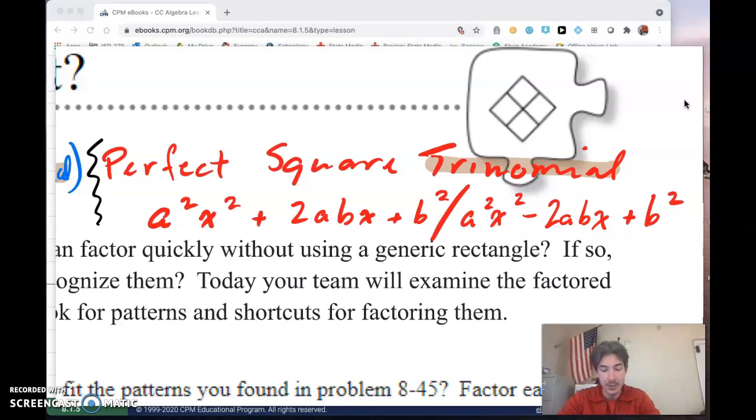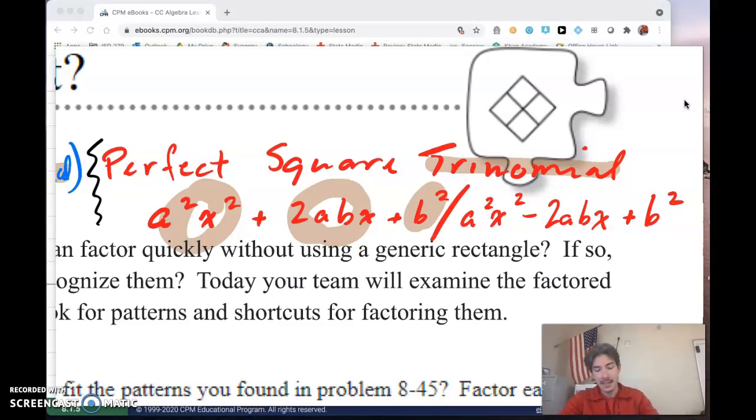And there are some conditions here. Just like before, my coefficient on my x squared term needs to be a perfect square. My x needs to be a perfect square. My constant term needs to be a perfect square. But now my x term needs to be twice the value of my a and b. That seems confusing, but I hope to clear it up with an example.